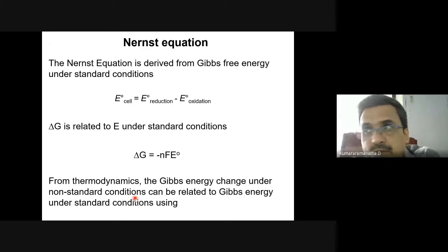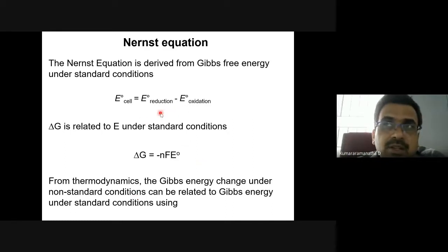Most of you are coming close to that. Now, just think, why are we talking about electrode potential, or why are we talking about reaction coefficient? Generally, you can derive the Nernst equation using this expression.